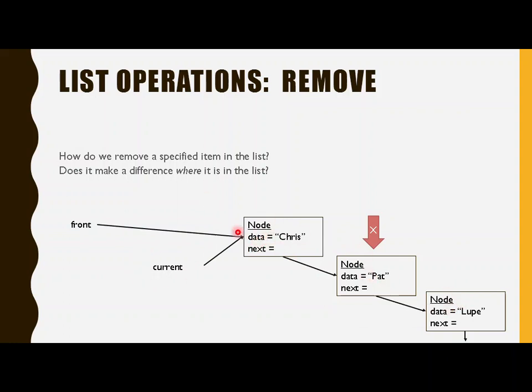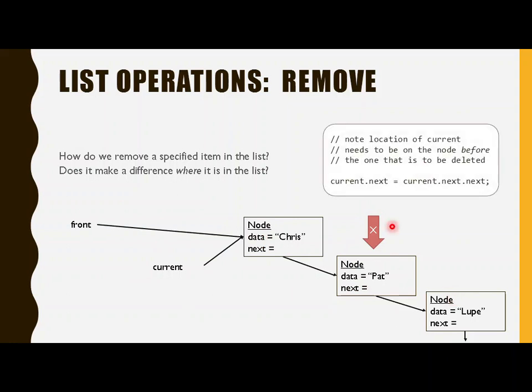Current.next equals current.next.next, right? So the code looks confusing. Current.next equals current.next.next. Set this node's next pointer to point to the same thing that the following node's next pointer points at.